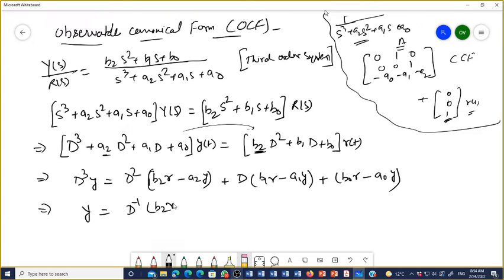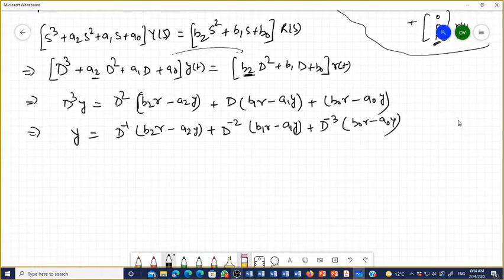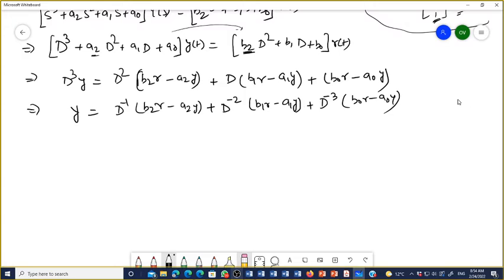d to the power minus 1 of b2r minus a2y, plus d to the power minus 2 of b1r minus a1y, plus d to the power minus 3 of b naught r minus a naught y. Now let us assume or choose the state variables.